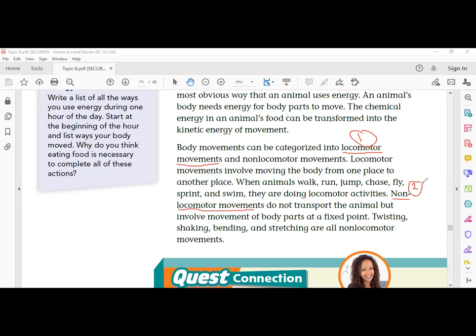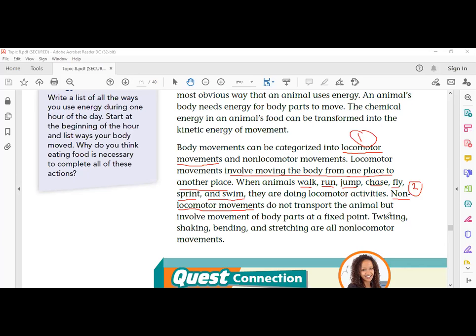Locomotor movement involves moving the body from one place to another. When you jump, walk, run, chase, fly, sprint, or swim, all of these activities are called locomotor movement, because you move your body from place to place.